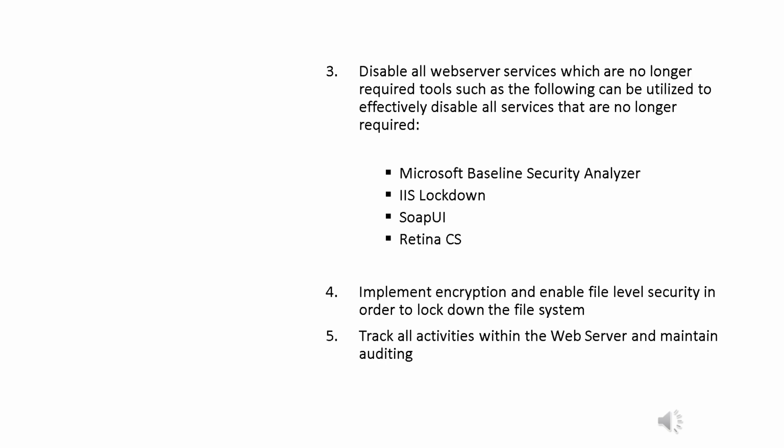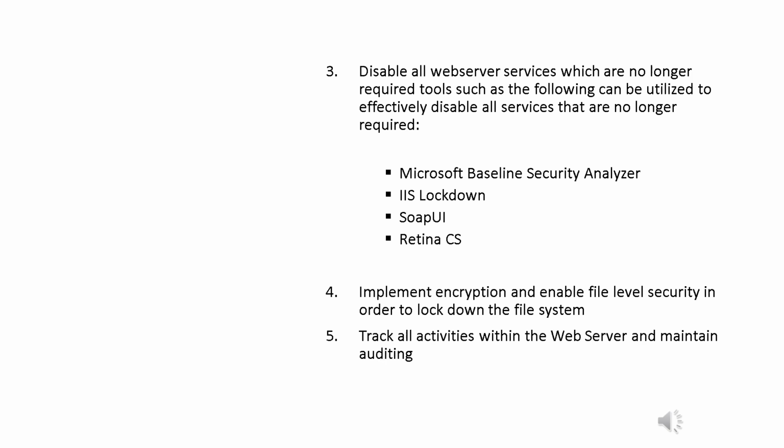Tools such as the following can be utilized to effectively disable all services: Microsoft Baseline Security Analyzer, IIS Lockdown, SoapUI, Retina CS. Fourth, implement encryption and enable file level security in order to lock down the file system.